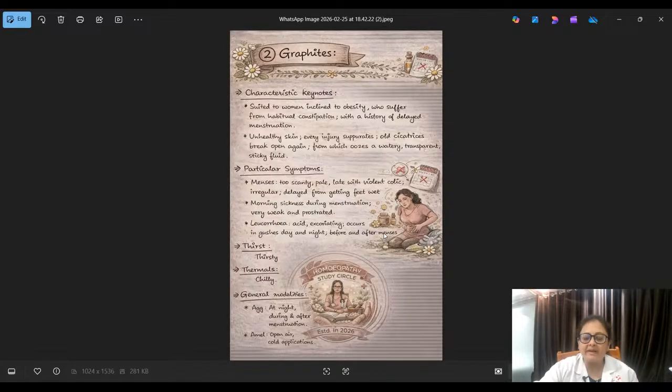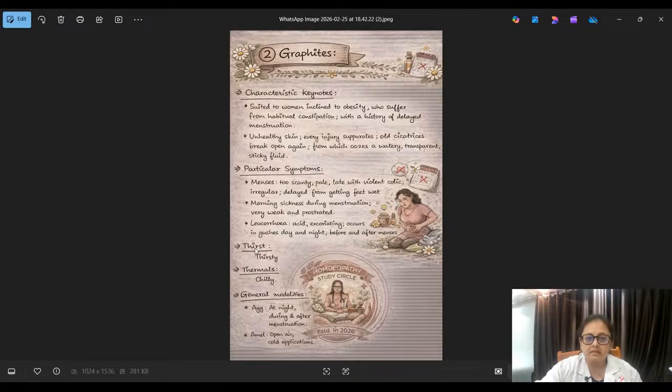That is normal white discharge. It will be only a little. And it is very easy to wash, and it is watery. Here it is gushy, that is too much. She has to wear a pad. That is the amount of leucorrhea or white discharge in Graphites before and after menses.